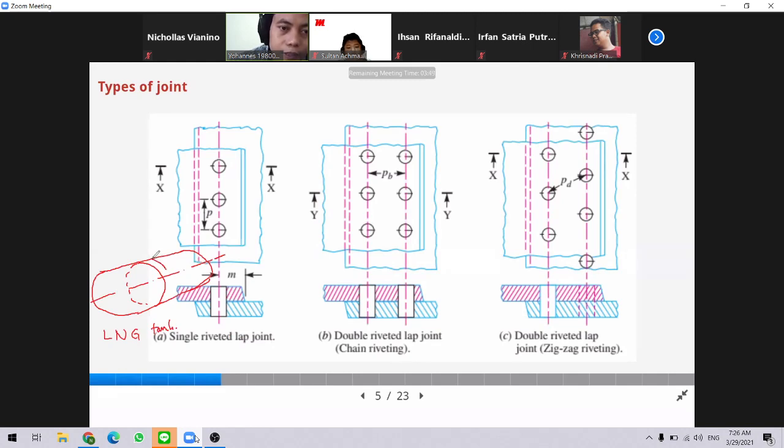This is the plate that overlaps each other, and here we have many rivets.